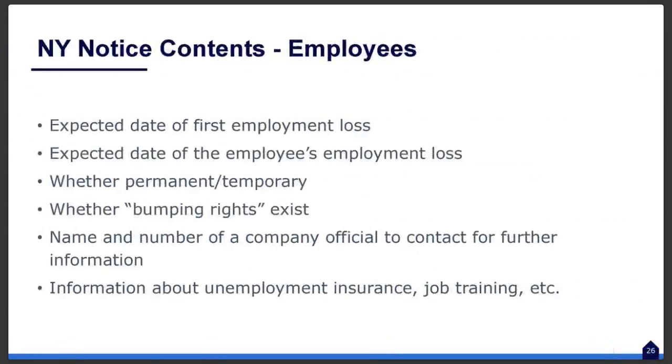So you have to include things like the expected date of their employment loss: the effective date of the first employment loss and the employee's particular date of employment loss. So if an employee is scheduled to be in, sort of round 2, you still have to tell them these are going to start on this date, and then your expected termination date will be this other date.